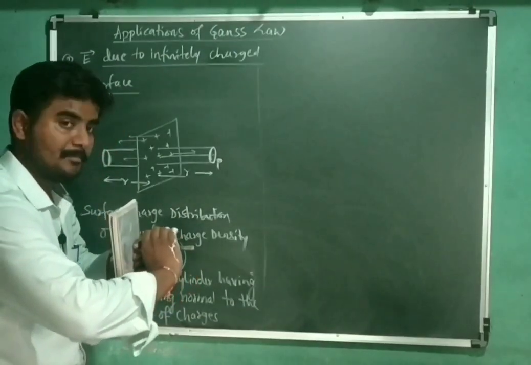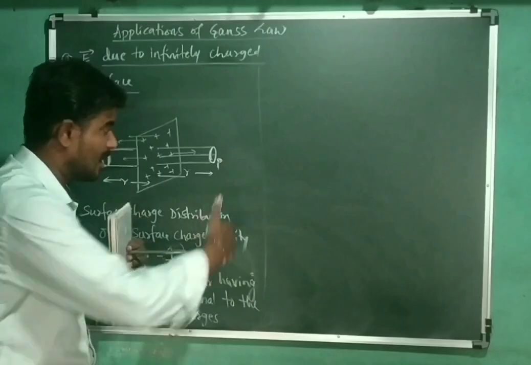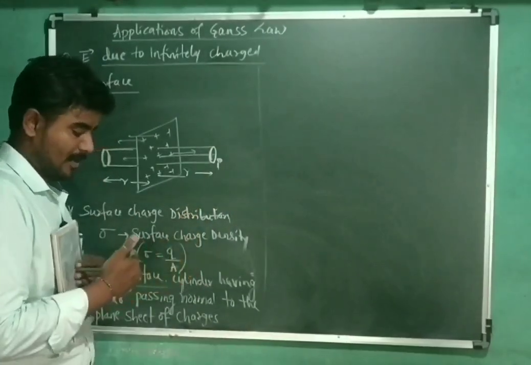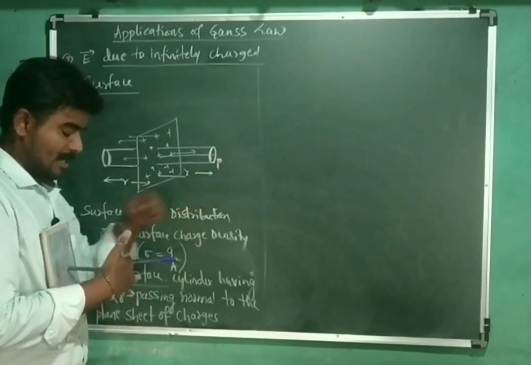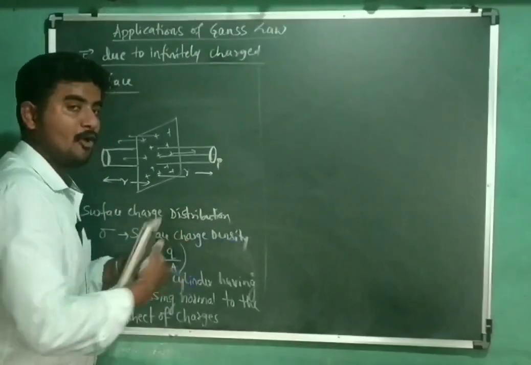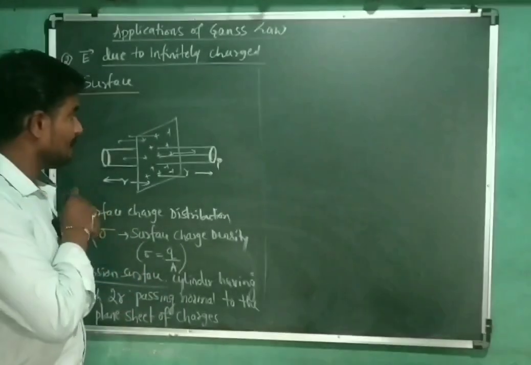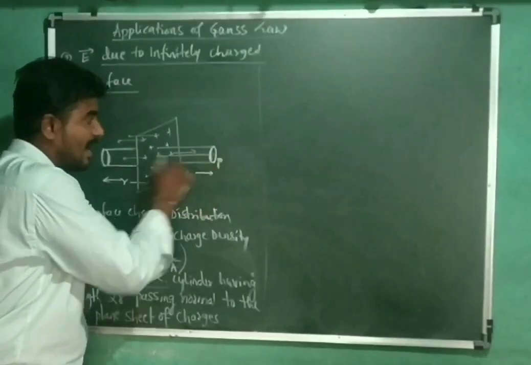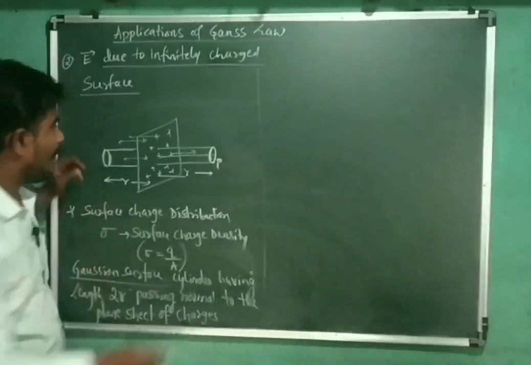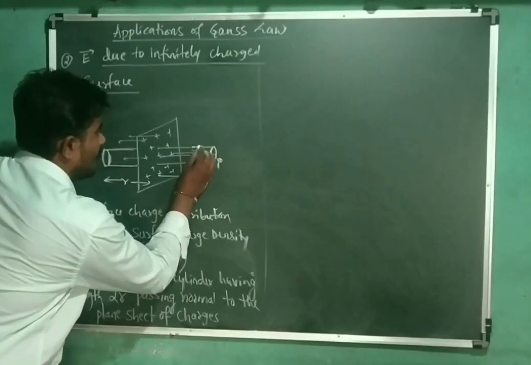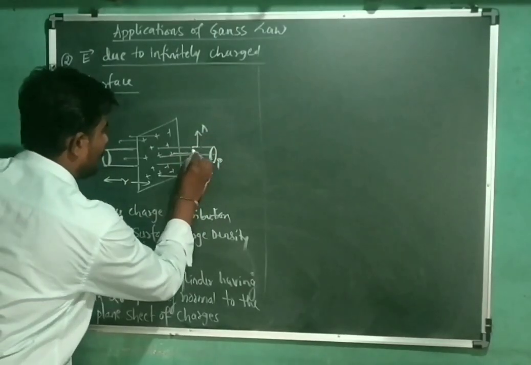For one plane surface, the direction of the area vector and the direction of electric field are at 0 degree. Sorry, for a plane surface the angle will be 0 degree, and for the curved surface, if I consider this area, then this is the area vector, but the direction of electric field line will be like this.